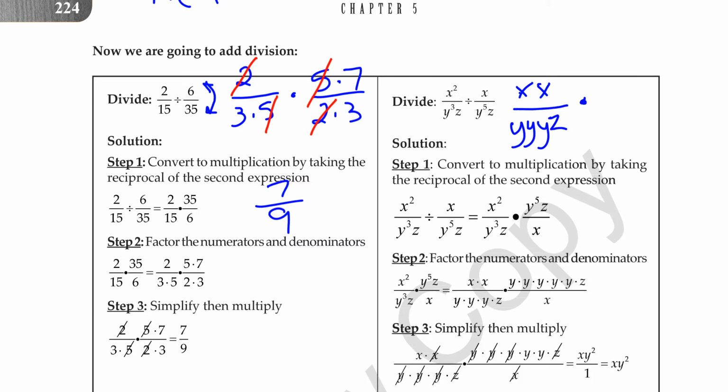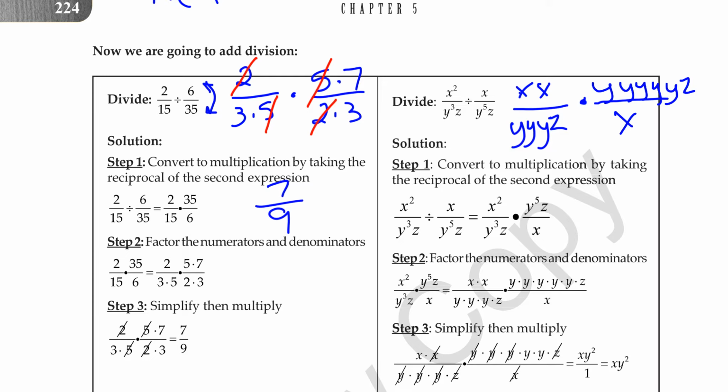We're going to change to multiply because don't forget, your rule is keep it, change it, flip it. So this one is going to get flipped. Over here, the numerator just has an x, so it's really not even being multiplied times anything. So that x is going to go down here. And then the 5 y's up here, and a z.